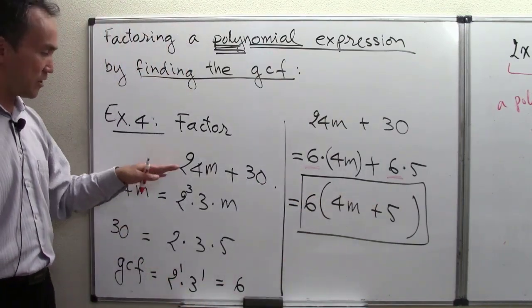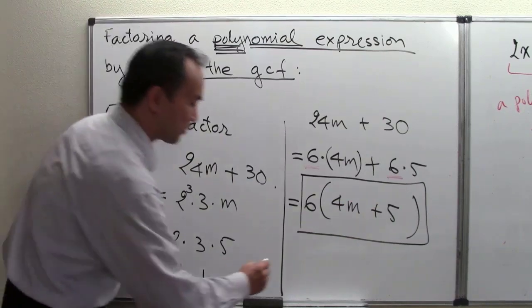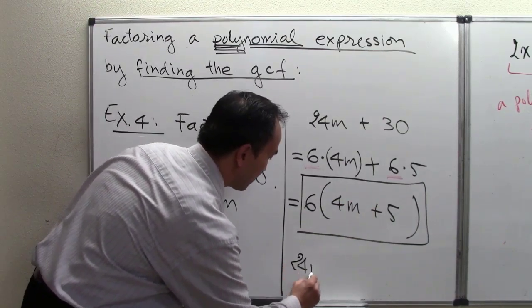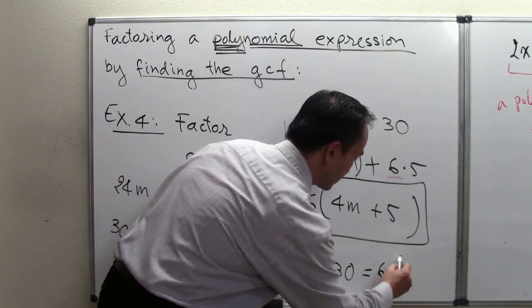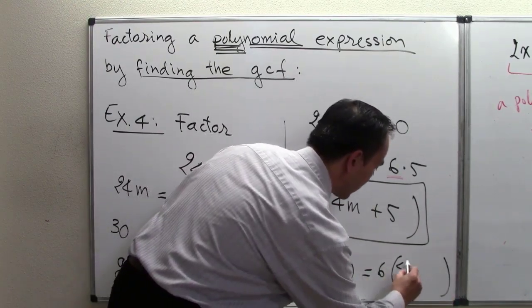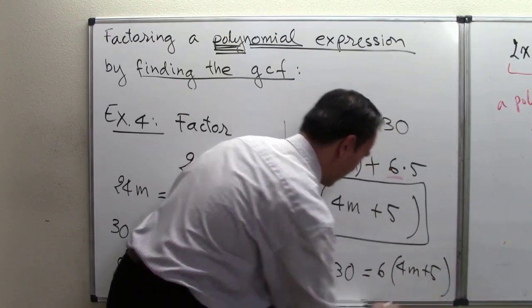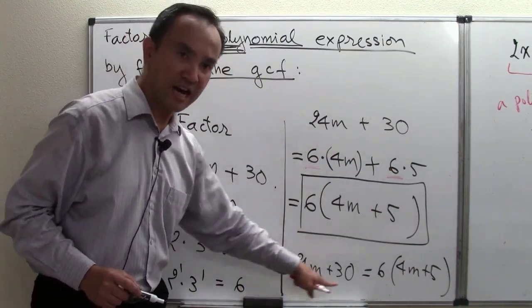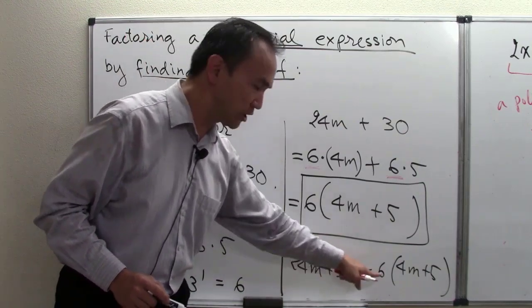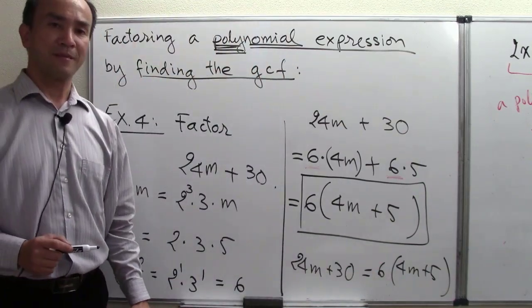And that's how we factor, or another way of saying, 24m plus 30 can be written as 6 in parentheses 4m plus 5. That's how we have done factoring. I have turned this polynomial expression into a factor product right there. All right.